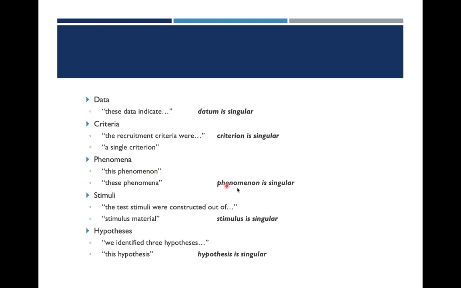Phenomena is plural. Phenomenon is singular. Stimuli is plural. Stimulus is singular. Hypotheses with an E on the end is plural. Hypothesis with an I on the end is singular. Just make sure you keep those in mind. These are common words that we're going to use when we talk about science, and they have common plurality mistakes associated with them.